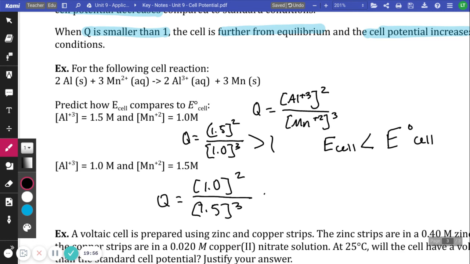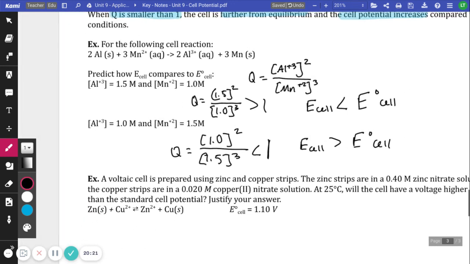I can see, without even solving it, that my Q is going to be less than 1. So my cell potential here would be greater than my cell potential at standard conditions because Q is less than 1. So we're further from equilibrium, our cell potential is going to increase, and our reaction is going to run for longer.